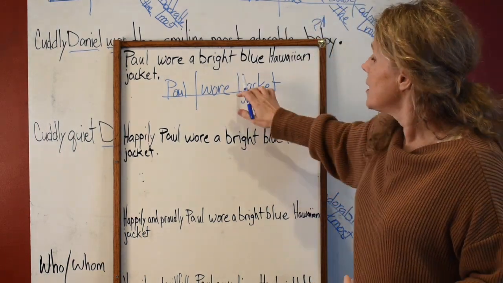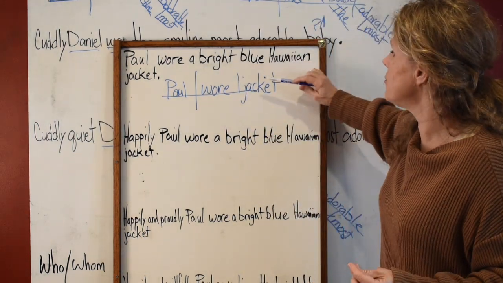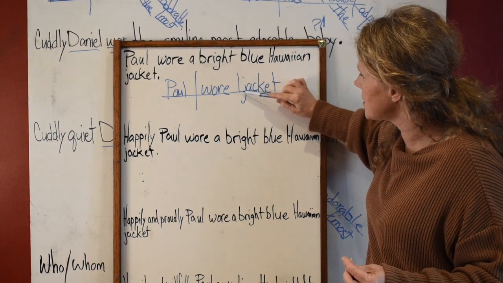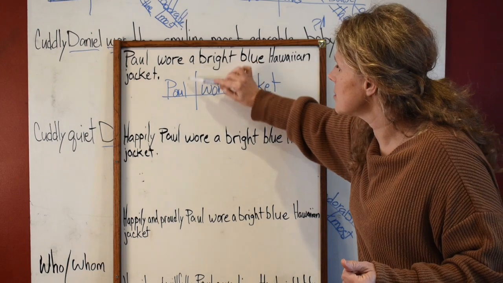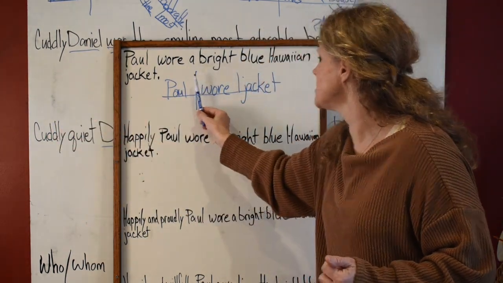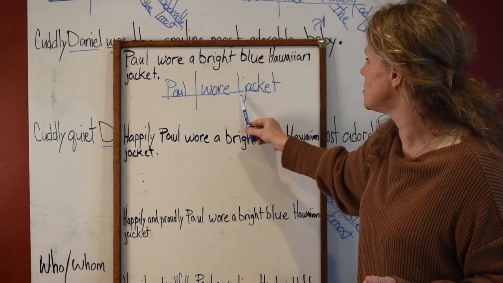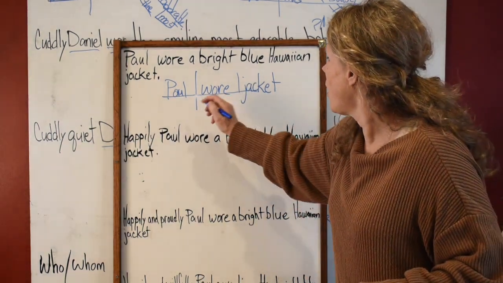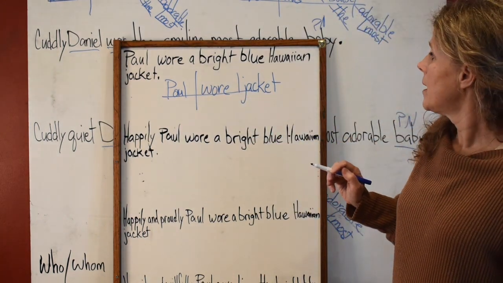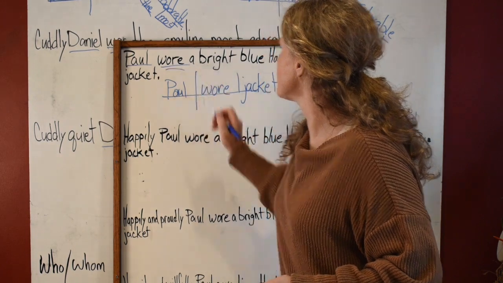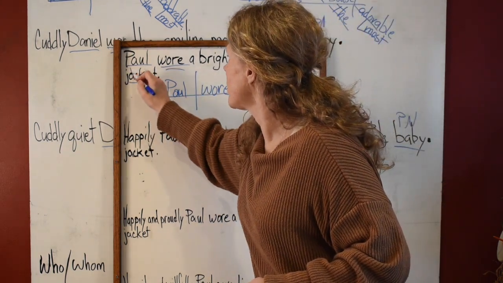The direct object is a straight line not crossing the line that separates the subject from the predicate. So now Paul wore a jacket: that's your subject, this is your verb, and this is your direct object.